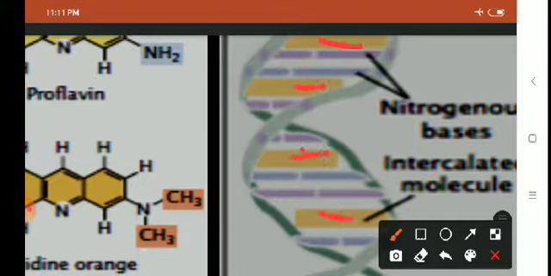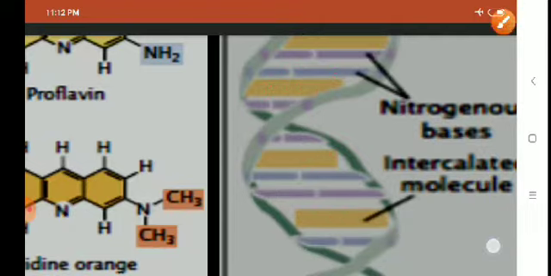They are fluorescent dyes like acridine orange or proflavin or acriflavin, and they get integrated in between. These are the two nitrogenous bases, and in between them, the one where I drew the line is the intercalated molecule. It is an acridine dye. This is how it gets intercalated between the nitrogenous bases.